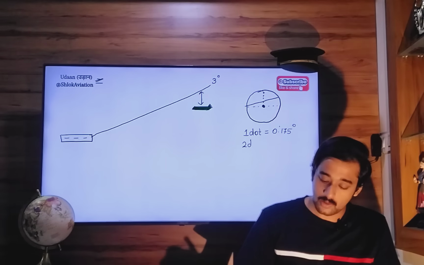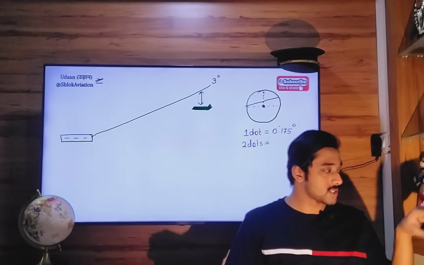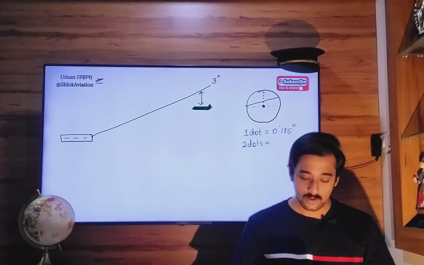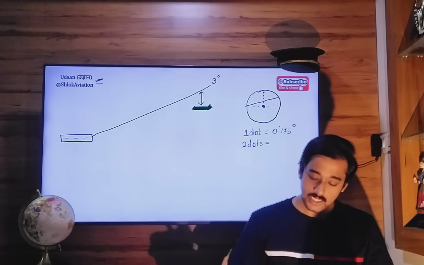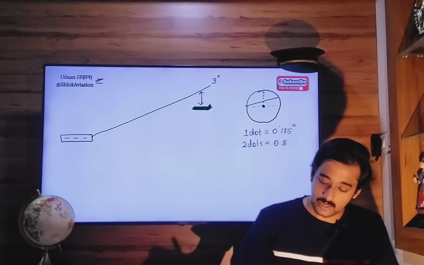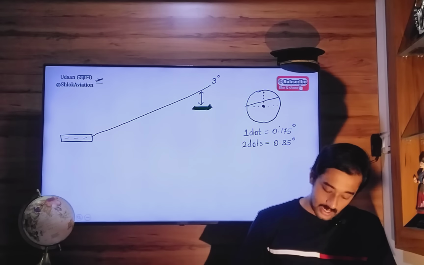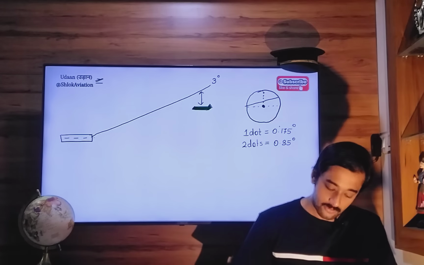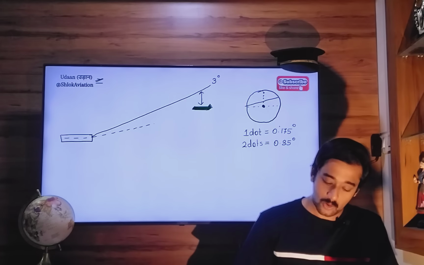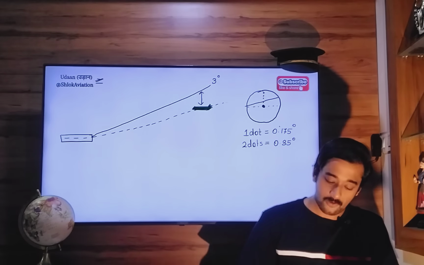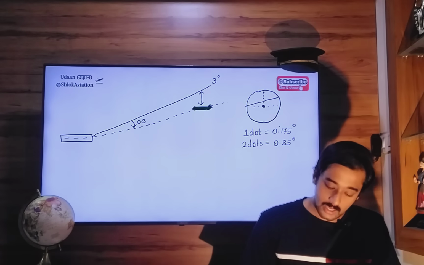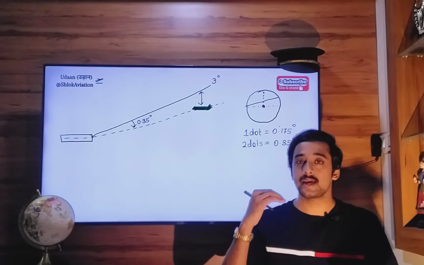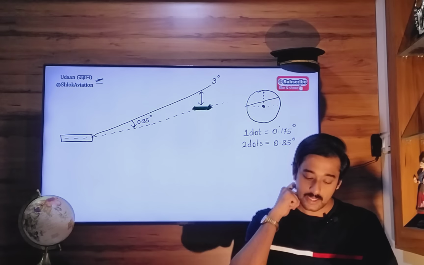So two dots will be equal to 2 into 0.175, that is equal to 0.35 degree. So your aircraft is 0.35 degrees below the 3-degree glide slope.